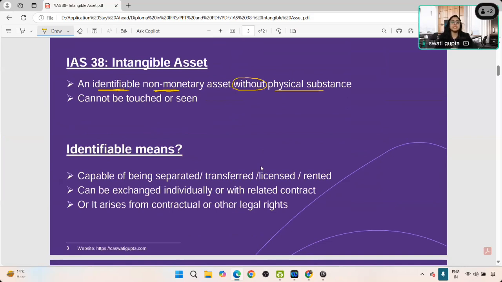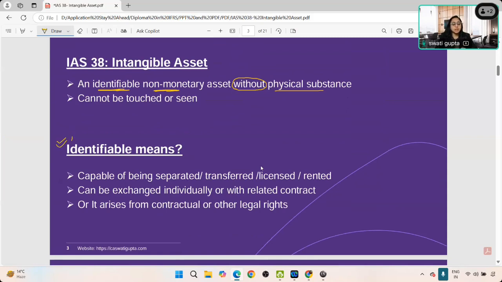Identifiable simply means that it is separate, it is individual, it has the capacity of being bought or sold individually. It has its separate value, and you can easily buy and sell this intangible asset on its own.